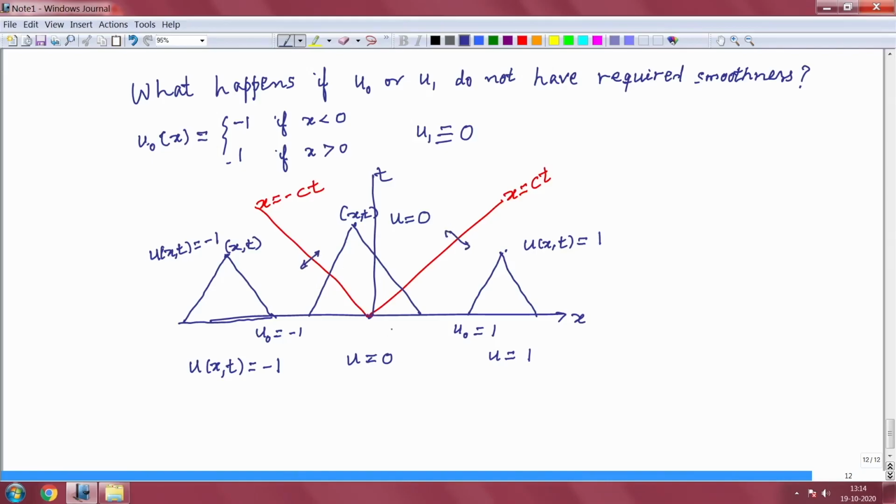So, the jump discontinuity in the initial value at one point now propagates along these characteristics emanating from that point, not any other characteristic, only those 2 characteristics emanating from the origin. The origin is the point of singularity of the initial conditions.